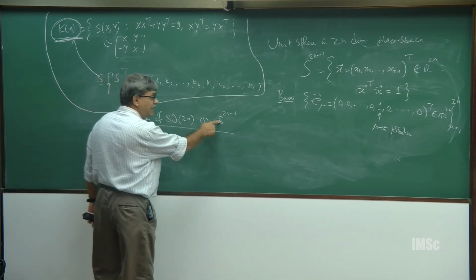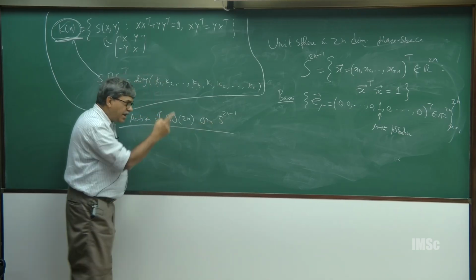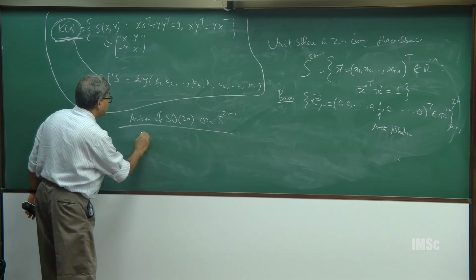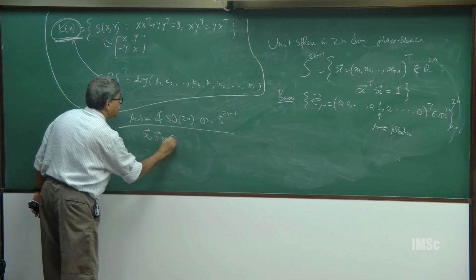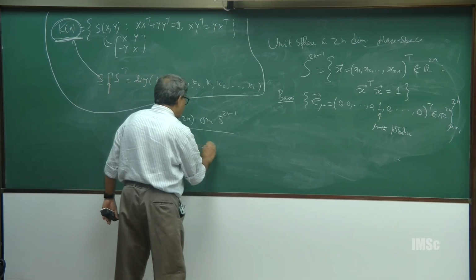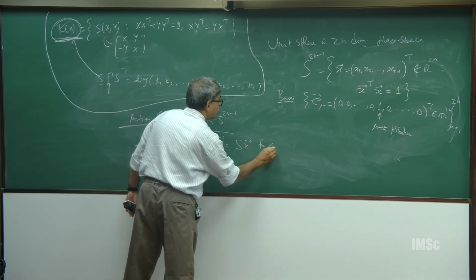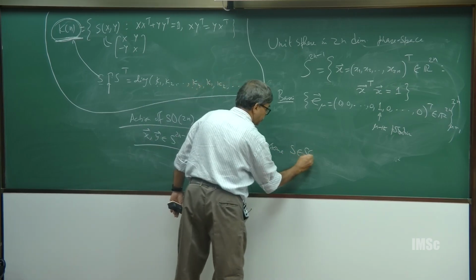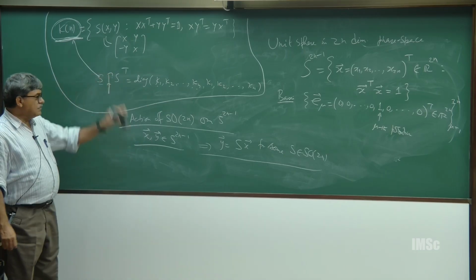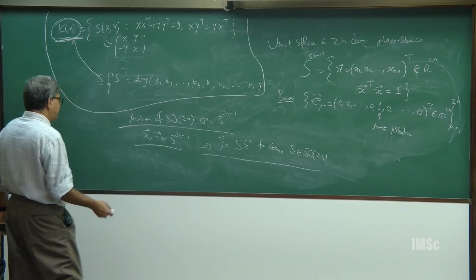Given any point of this, I can figure out an element of this and another point in this. So, if I take x and y belonging to S^(2n-1), then y is equal to some s acting on x for some s belonging to SO(2n). Do you agree with me? And this is unique.